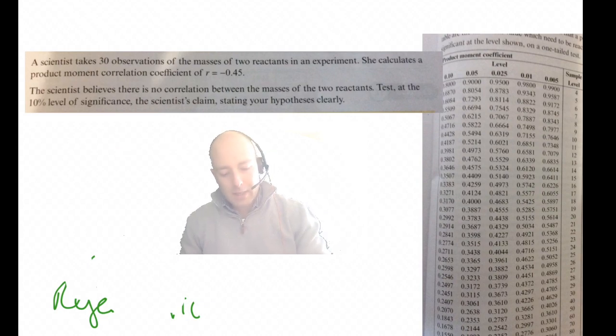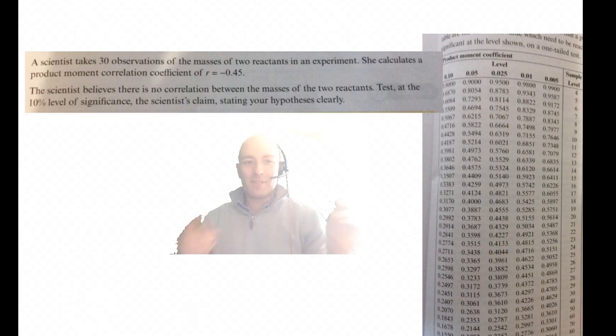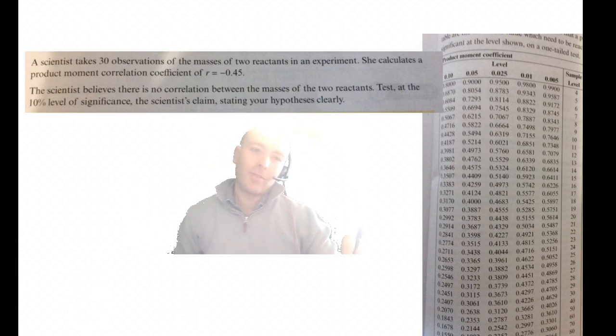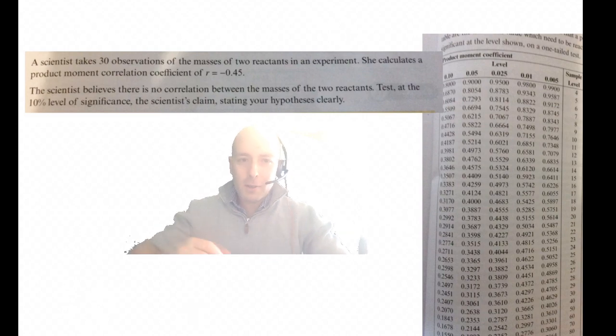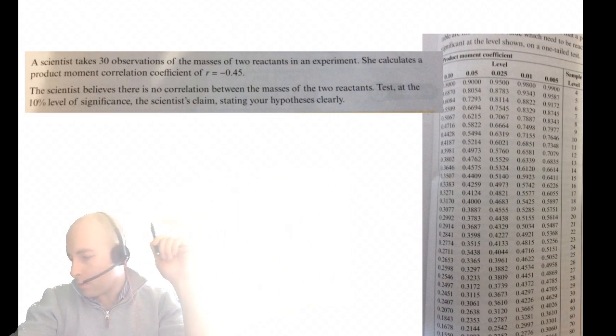In the back of the textbook, and also in the exam booklet, there is this table over here. If we look a bit closer, on the top it has the significance level, several different ones, and on the side it has the sample size. So we're going to go through this as an example. Hopefully you'll see how to do these.